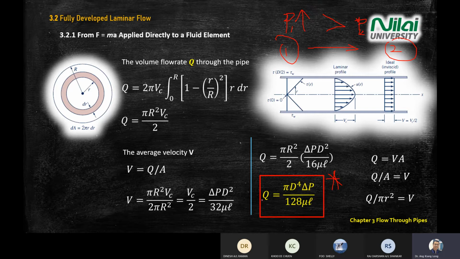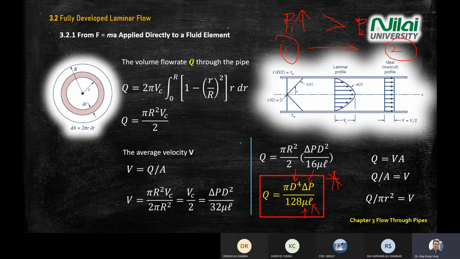Okay, so this equation tells you the volume flow rate is affected by a few parameters: D, pressure, viscosity, and length. So by looking at this equation, Q equal to pi D power 4 delta P divided by 128 mu L, you should be able to explain what happens if the engineer accidentally uses a smaller diameter, what happens to the Q. If the pressure drops, what happens?